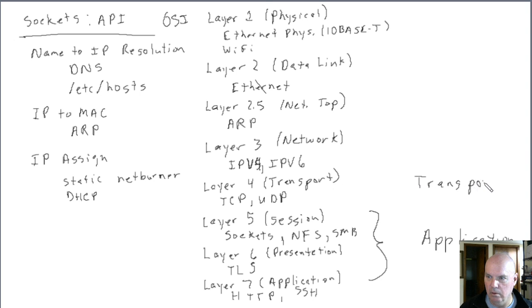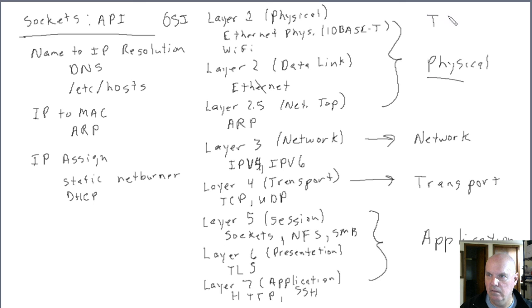The transport is layer 4. The network layer is layer 3. And then the lower 2 layers are the physical layer, and aren't really specified in TCP/IP, as there's no prescribed physical layer.